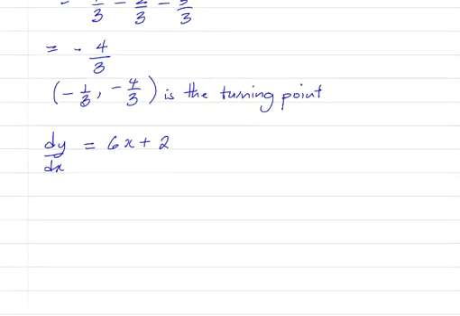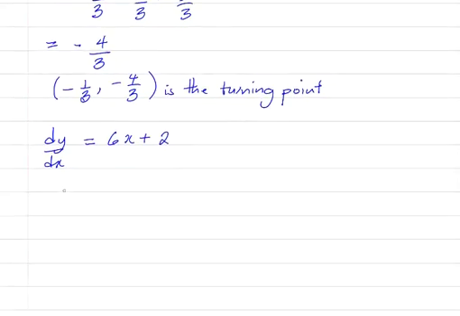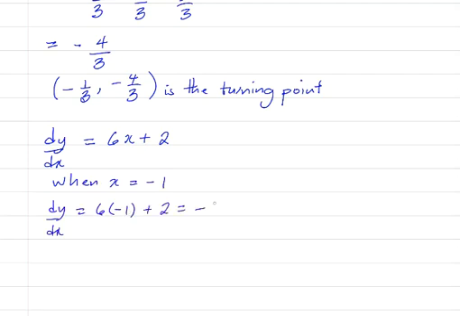So let's use a value before x equals minus 1/3. Let us say when x is equal to minus 1, dy by dx would be 6 times minus 1 plus 2, which is minus 4. So dy by dx before the turning point is negative.